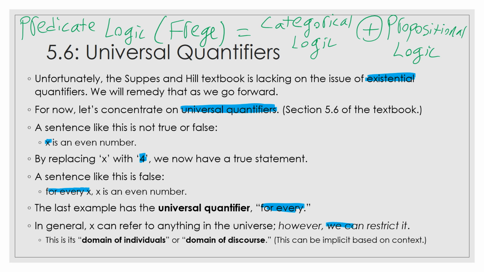However, we can restrict it. And oftentimes this is implicit based on the context. So if we're thinking about mathematics and we're talking about for every x, it's implicit in the context of that sentence that it's only talking about numbers. It's not talking about non-numbers. And this restriction we can call the domain of individuals or the domain of discourse.